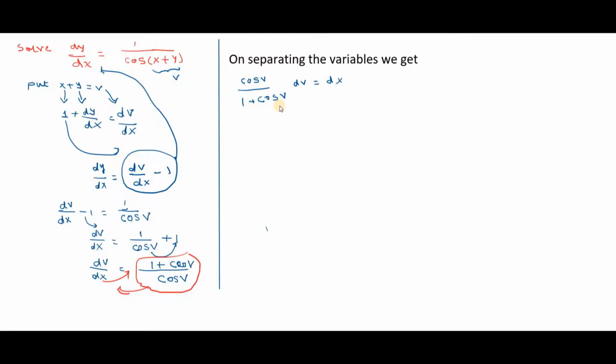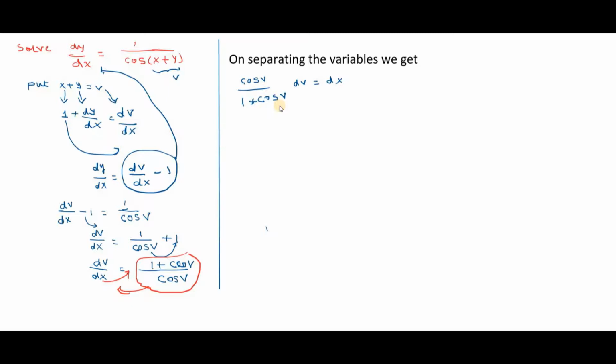Now, before integrating, we try to adjust the terms. We cannot separate the denominator for numerator terms because the numerator has only one term and the denominator has two terms. So, try to convert the numerator into the form of the denominator.